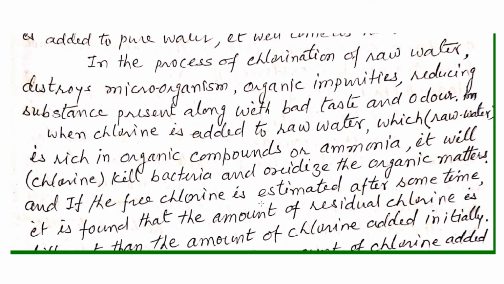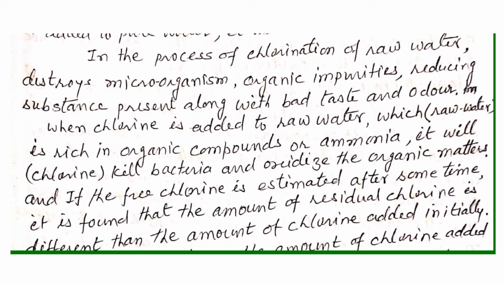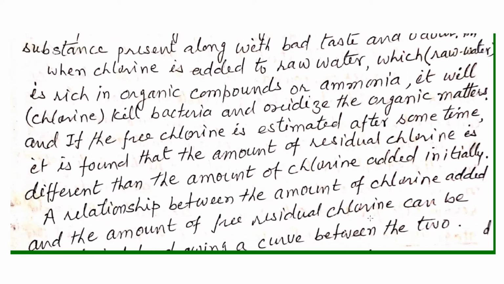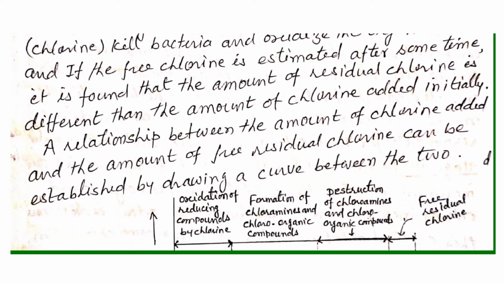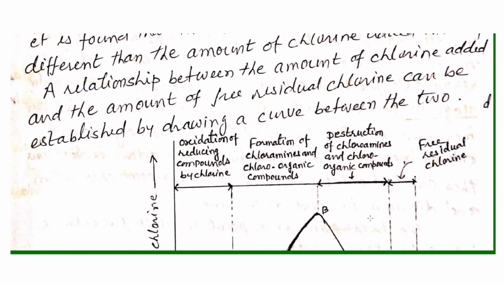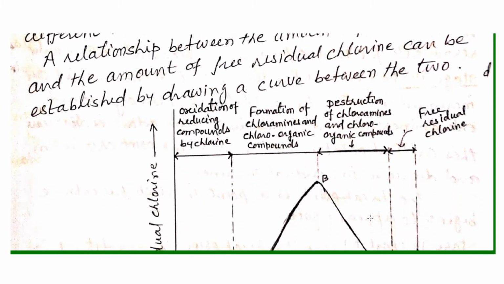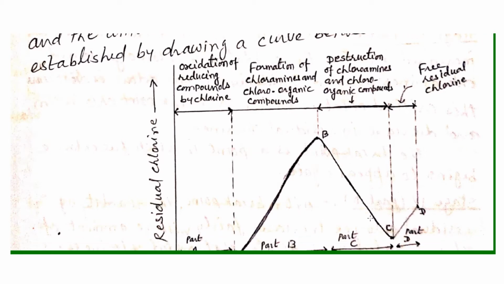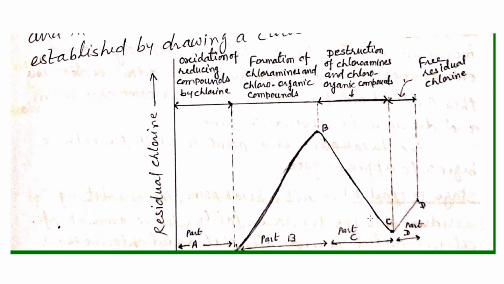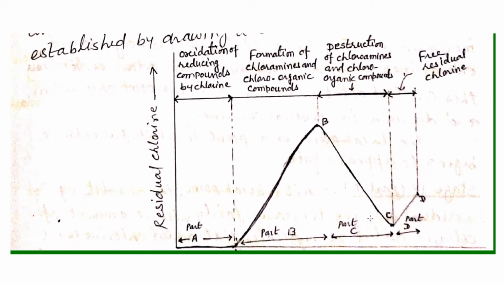And if the free chlorine is estimated after some time, it is found that the amount of residual chlorine is different from the amount of chlorine added at the initial stage. A relationship between the amount of added chlorine and the amount of free residual chlorine can be established by drawing a curve between the two.